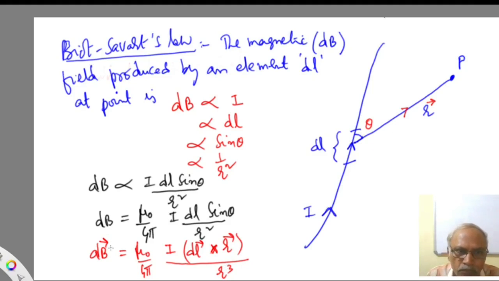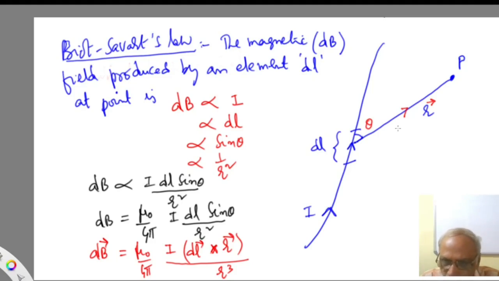Now what is the direction of dB here? This is important. You can decide the direction of dB by the right hand palm rule. Keep the thumb in the direction of current and the fingers of the right hand palm along the direction of r bar.